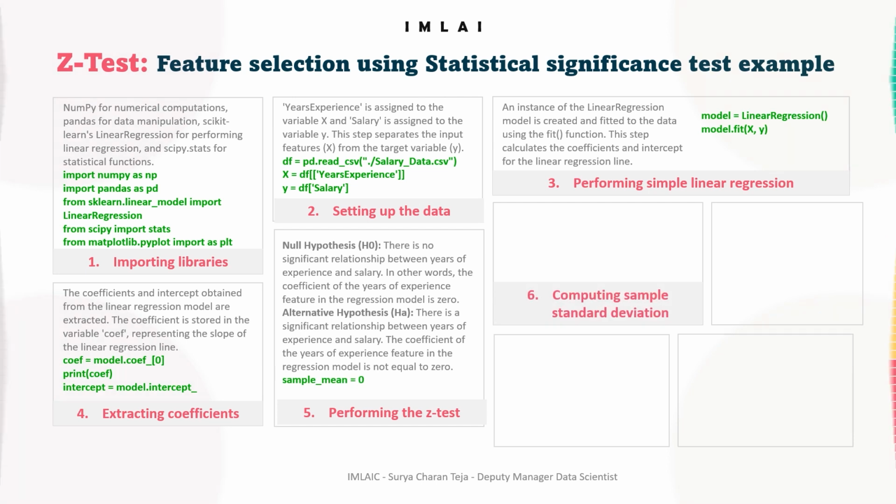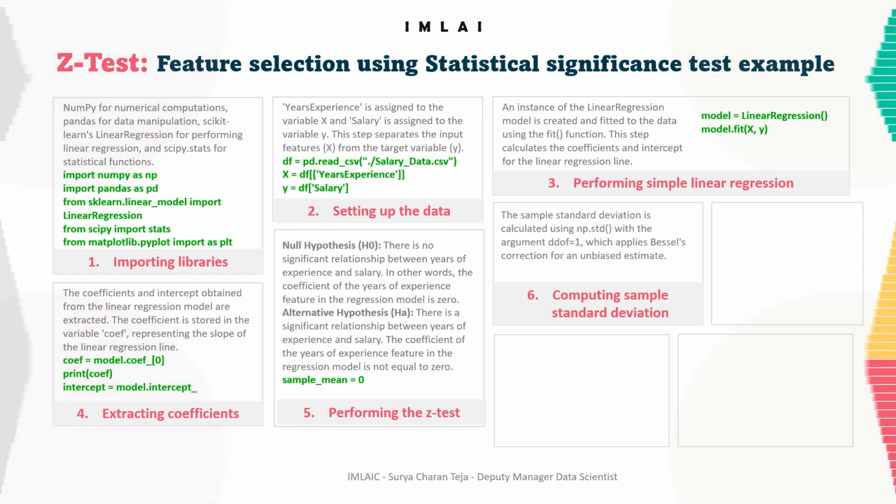So let's compute the standard deviation first. What is the standard deviation here? The standard deviation would be calculated for y, because that's our target variable. What we are doing is asking how much x influences y.